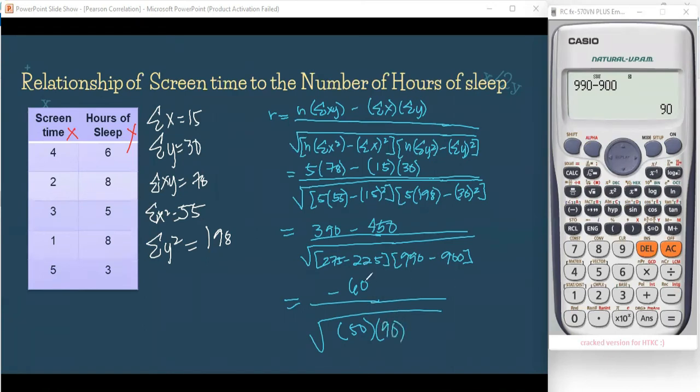Now let's multiply 90 times 50. That is 4,500. Now get the square root of it. So that is approximately 67.